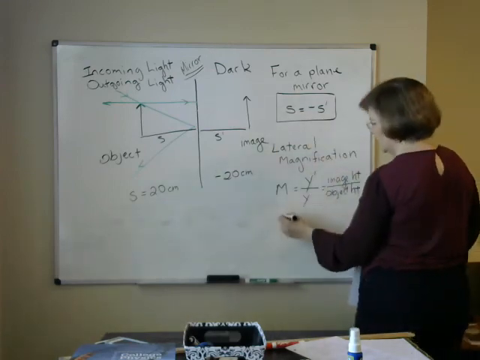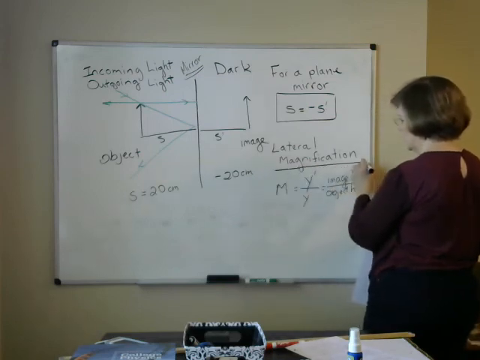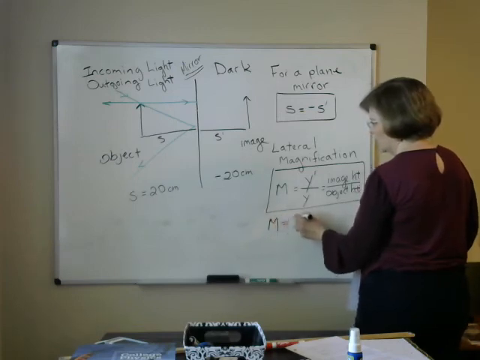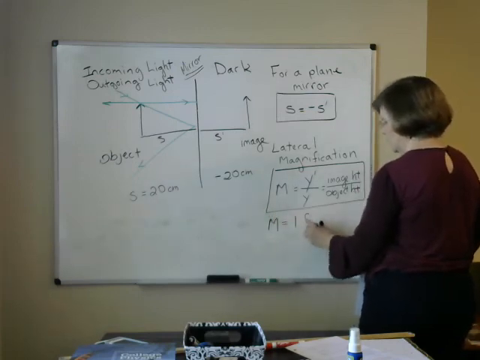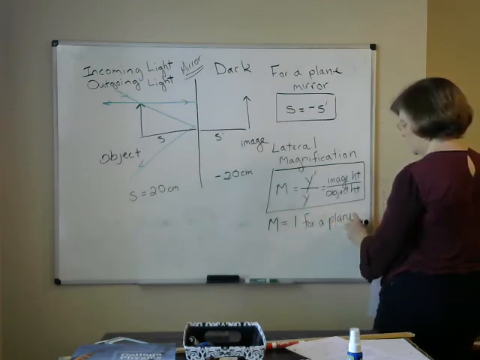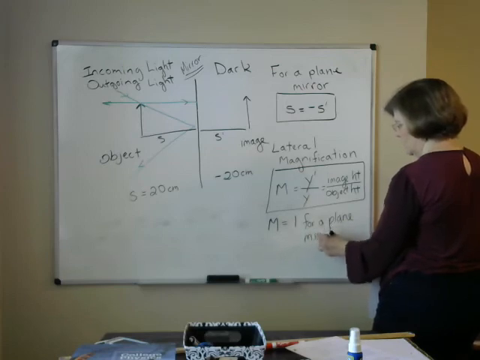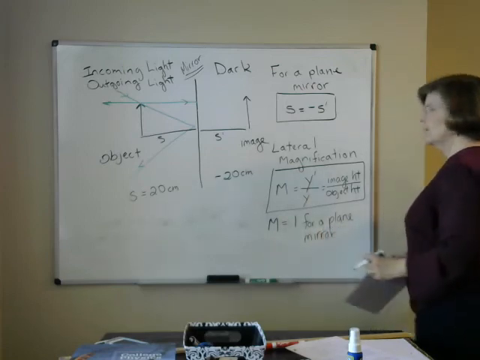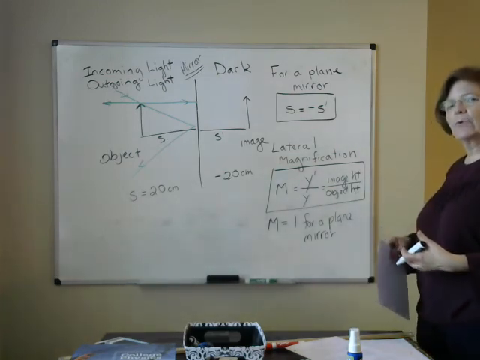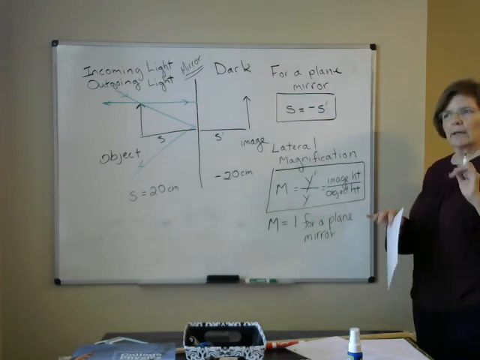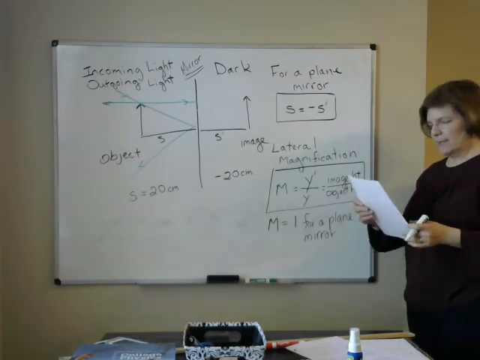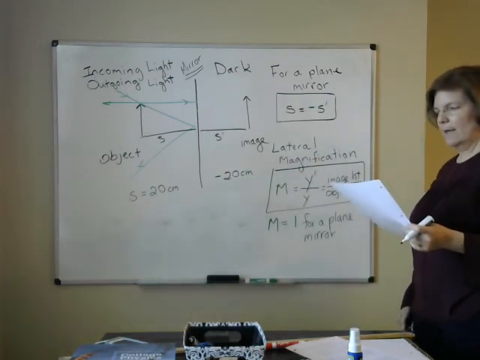So for a plane mirror, better box in that formula, it's a good formula. The magnification is always equal to 1. So if you have an image formed in a flat mirror, it's going to appear to be the same height as the original object, and it's going to appear to be the same distance behind it.